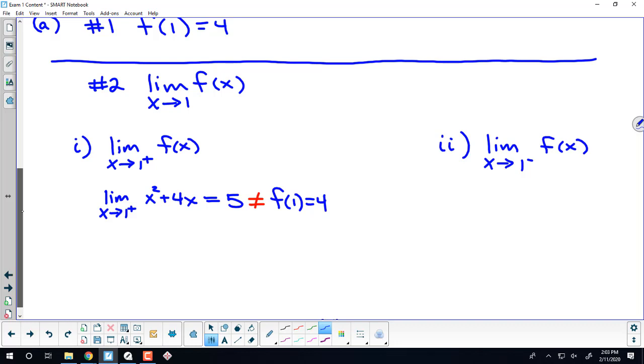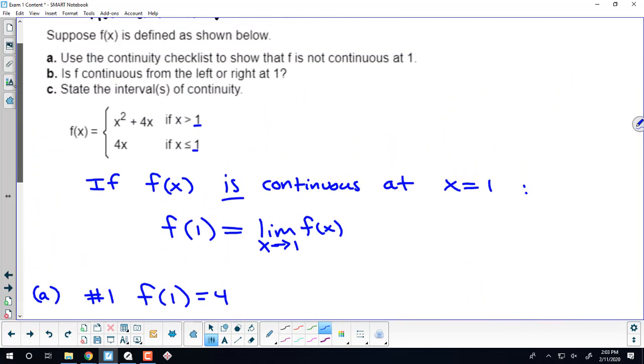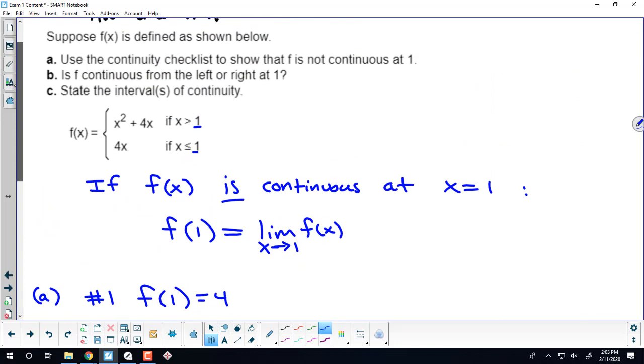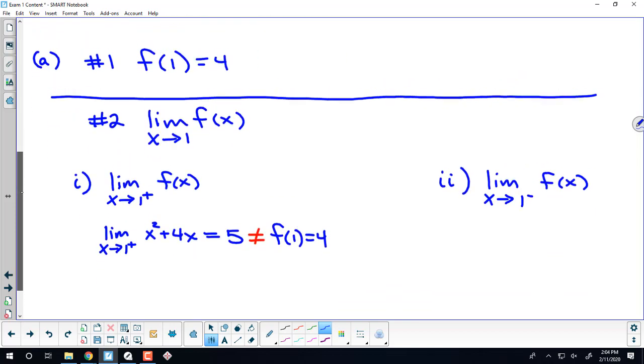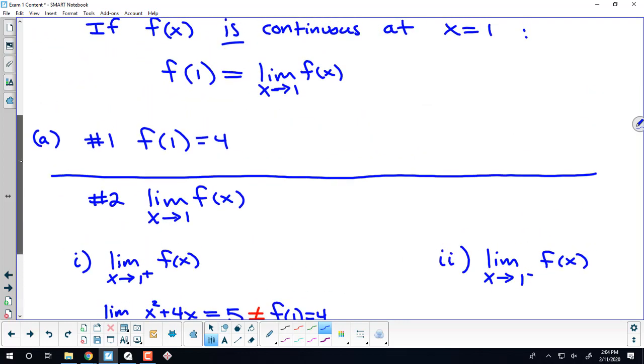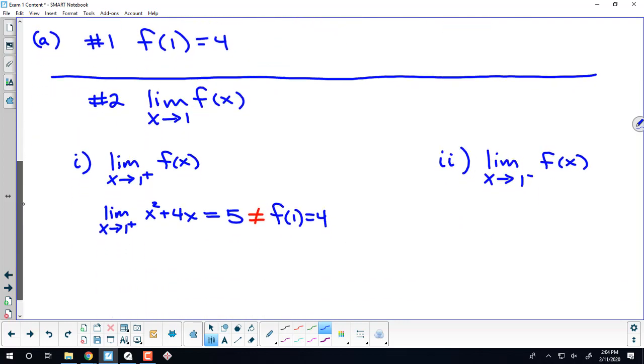But what we're gonna see is, just going through this process, it's going to tell us all 3 of these pieces. So this is the procedure I would go through on any question like this on the exam. And all we're doing is using the continuity checklist, realizing we've got to use one-sided limits.